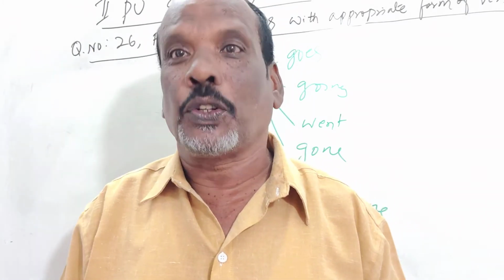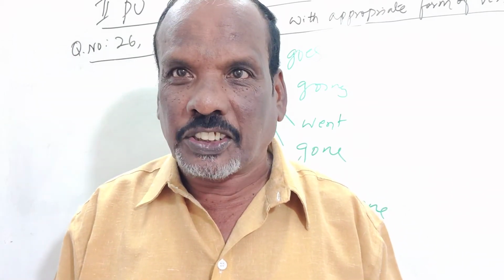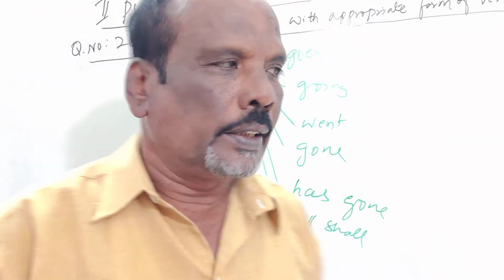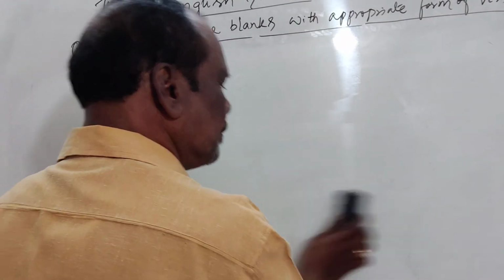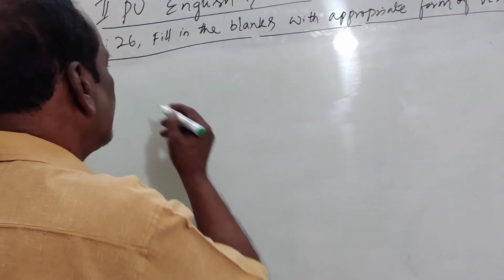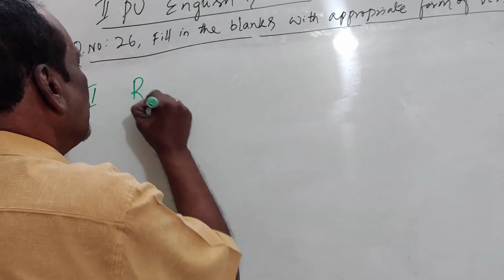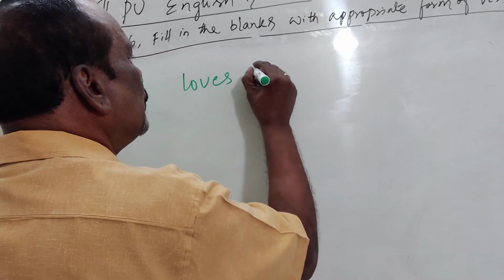Let us take our own textual example. In the first poem, Romeo and Juliet. Now let us take that example. Number 1, Romeo loves Juliet.